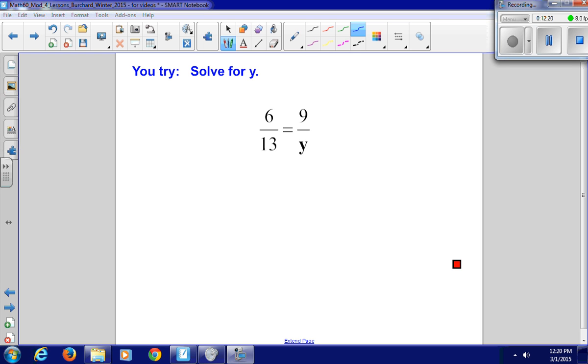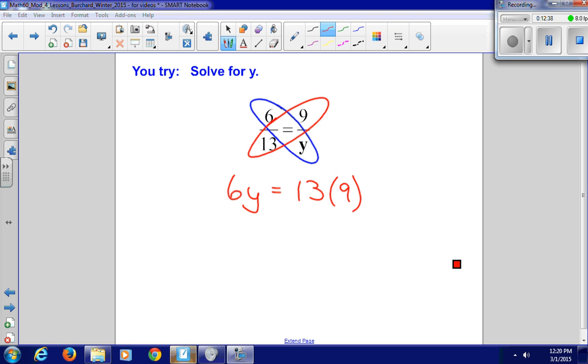We're going to use our cross multiplication to find an equation. This multiplied together should give me the same thing as this. So I've got 6 times y equals 13 times 9.